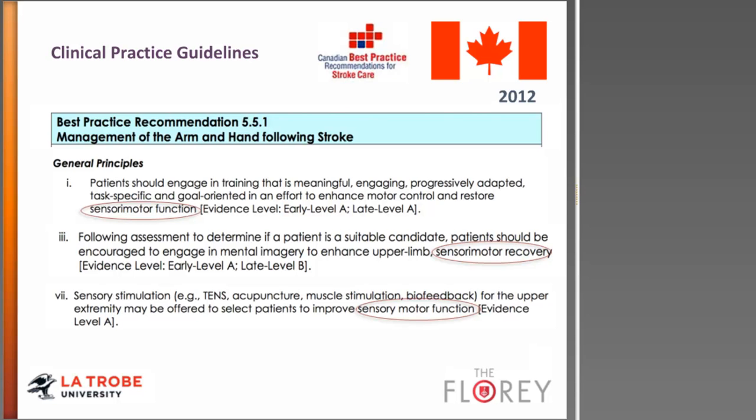So as you can see, quite broad. And then mental imagery is also recommended to enhance sensory motor recovery, and that sensory stimulation in the form of either TENS, acupuncture, muscle stimulation or biofeedback may be offered to select patients to improve sensory motor function.